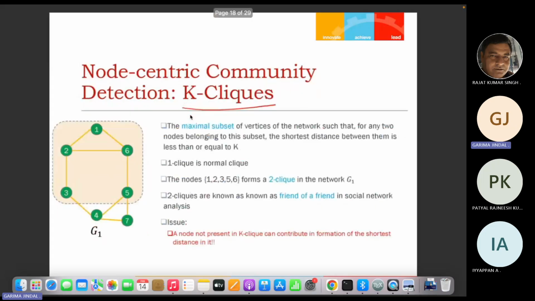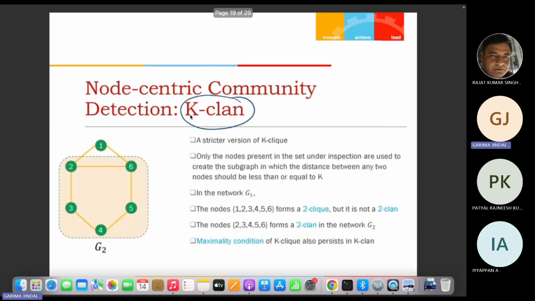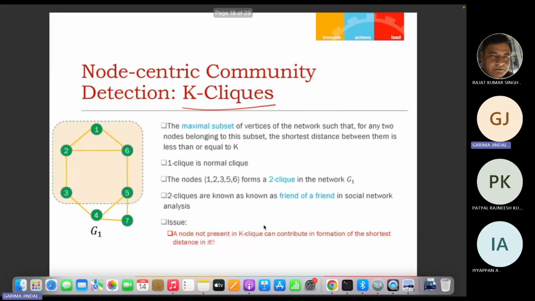The difference between k-cliques and k-clan is the induced subgraph. It should not take the help of any node outside this subgraph in order to identify the shortest distance. So this was a slight difference between k-clique and k-clan.